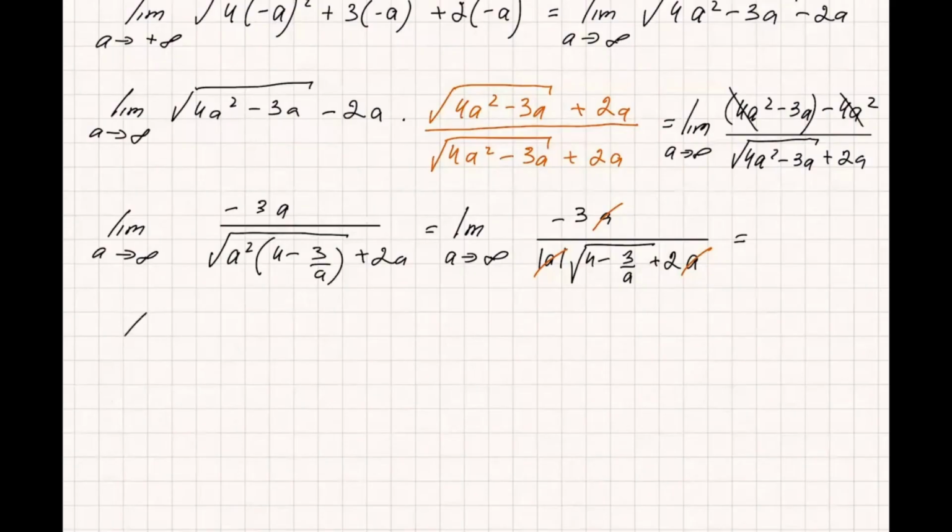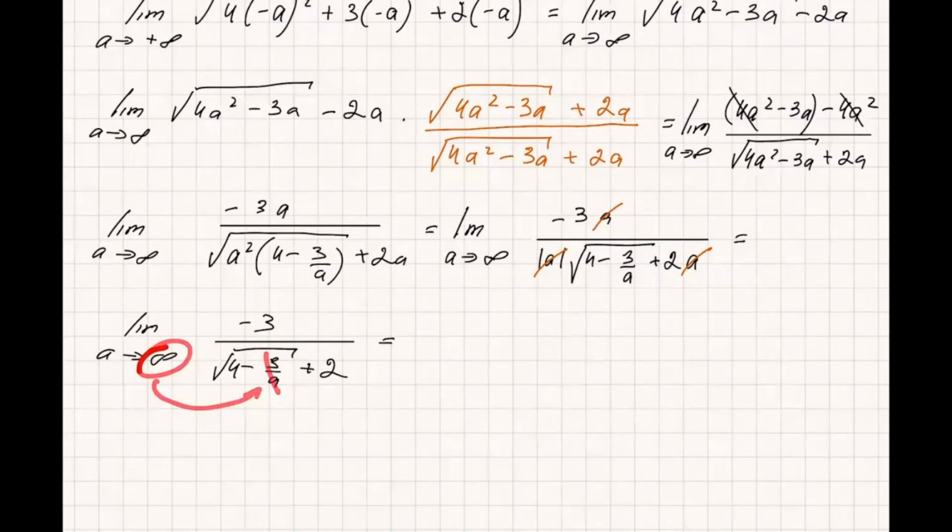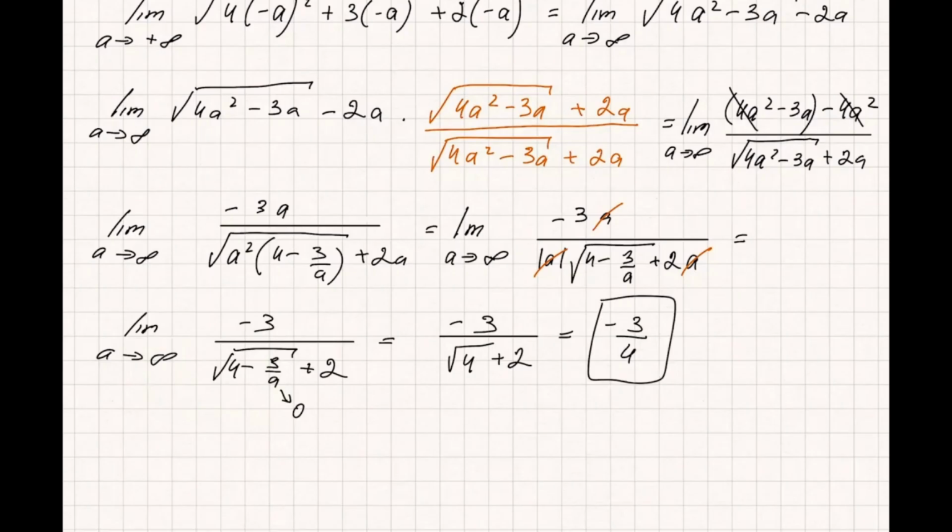Okay, so now we have limit as a approaches infinity of negative 3 over square root of 4 minus 3 over a plus 2. And now I am ready to send my a to infinity, and this one will be gone to 0. So I have negative 3 over square root of 4 plus 2, which gives me negative 3 over 2 plus 2, that's 4. And this is my limit for this function.